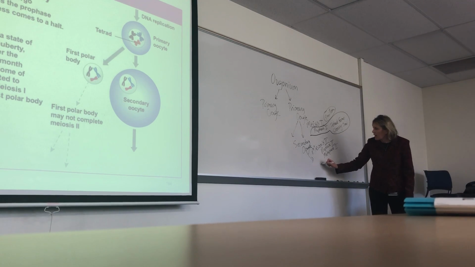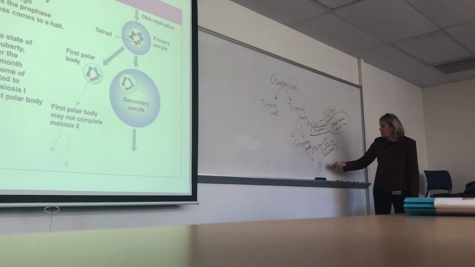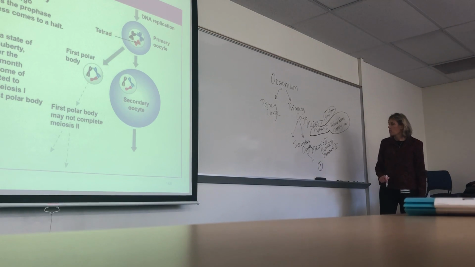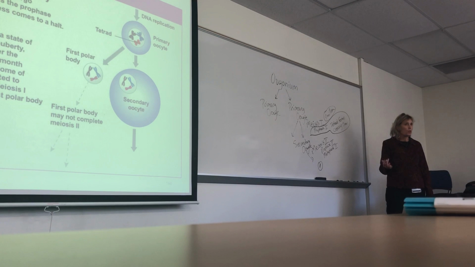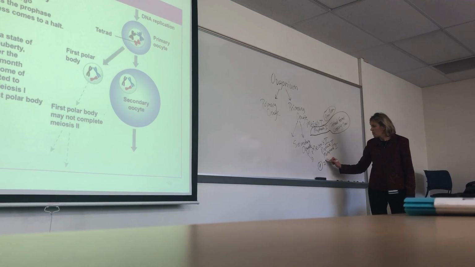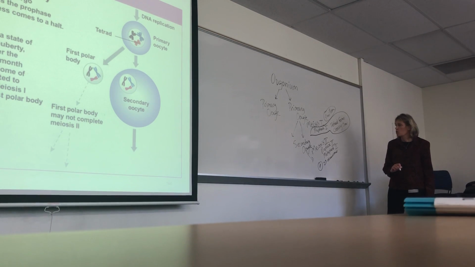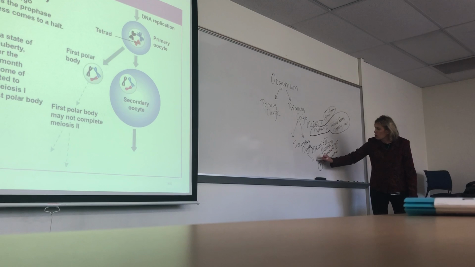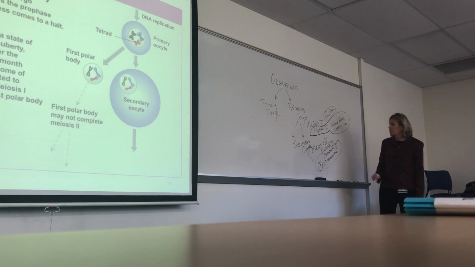So now we're going to have a cell that's left with 23 chromosomes. And I'm going to go through this process with you guys so you can see what that looks like. But now there's 23 chromosomes locked into metaphase II.